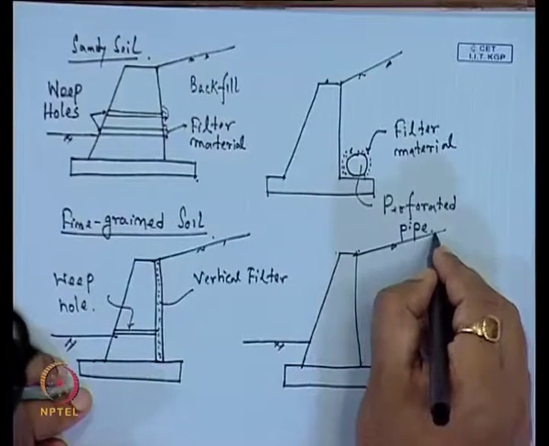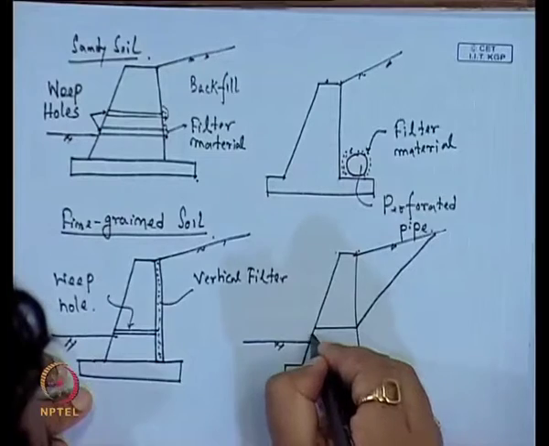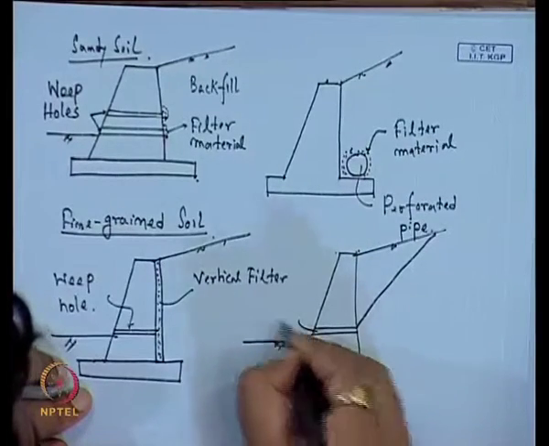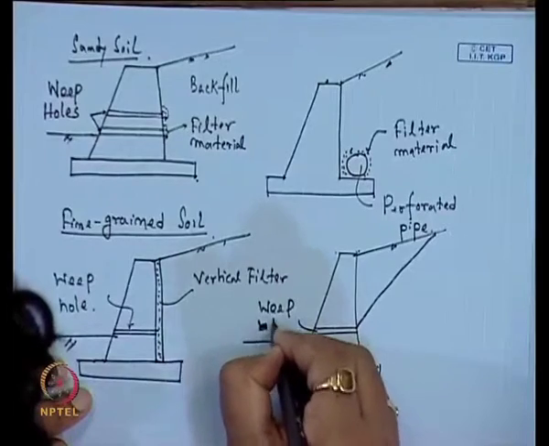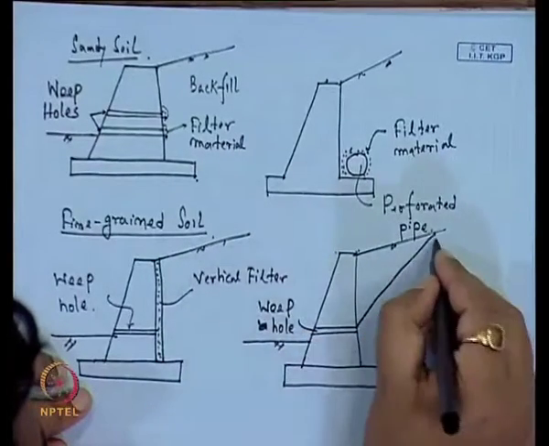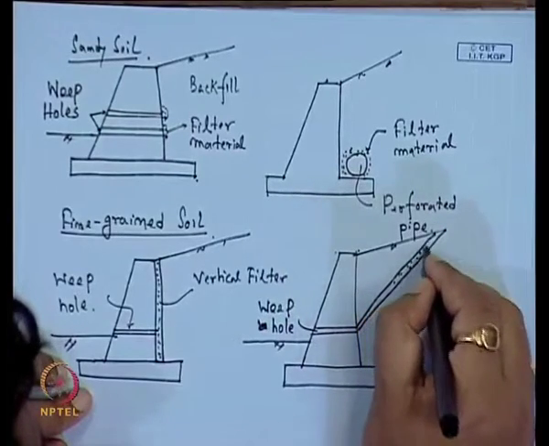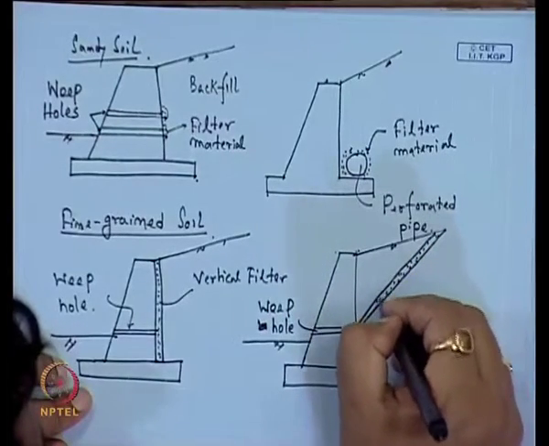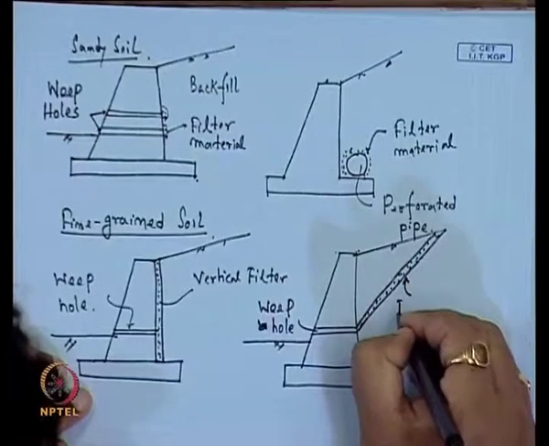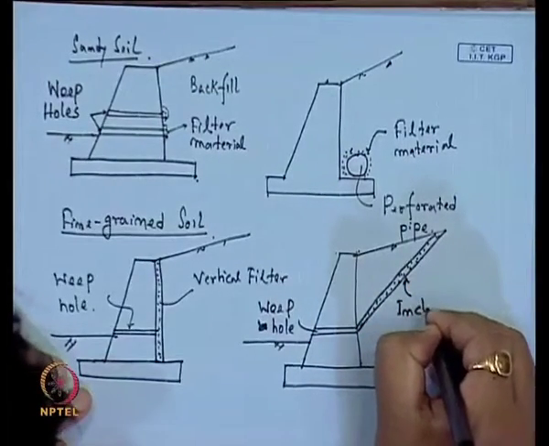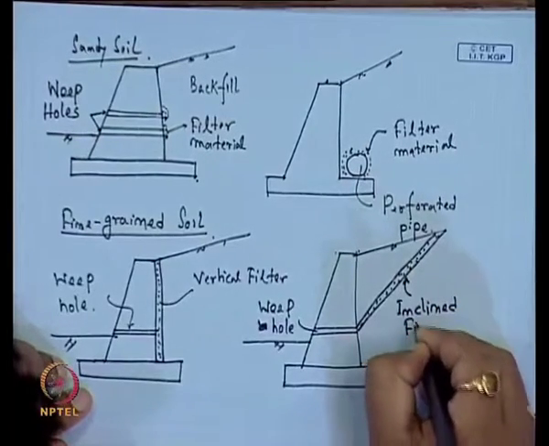The material can be inclined, and then we can provide the weep holes here. So, this is the vertical filter, and this is the inclined filter material.